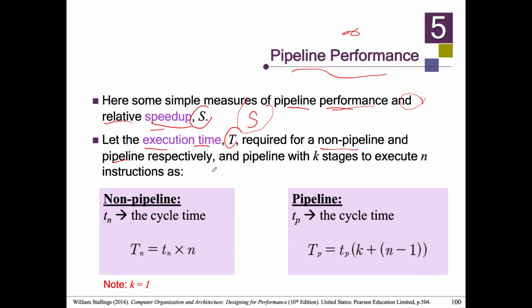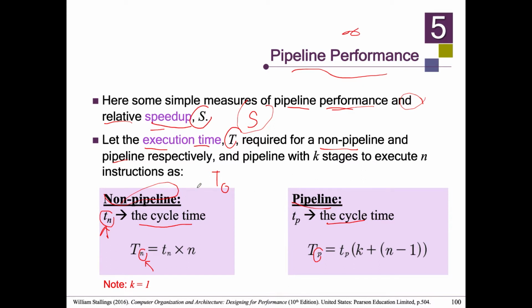You can change the units: TN is non-pipeline, while TP is with pipeline. The lowercase tn is the cycle time. Same goes for tp, also a cycle time, but the difference is whether it is non-pipeline or pipeline.